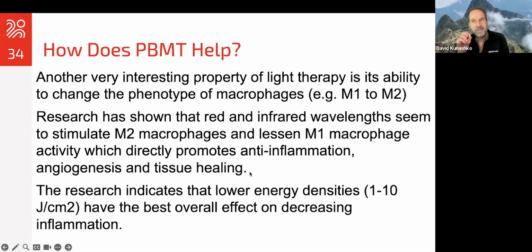And the reason why I mentioned this is that if you want this anti-inflammatory macrophage phenotype phenomenon to occur, they found that it occurred at much lower energy densities, like 1 to 10 joules per centimeter squared. So this is the one thing that I'm going to rant about a little bit, quickly: when I go to conferences or even have discussions with people that say, you know, I want class 4 laser therapy, or class 4 laser therapy guys say this and blah, blah, blah.